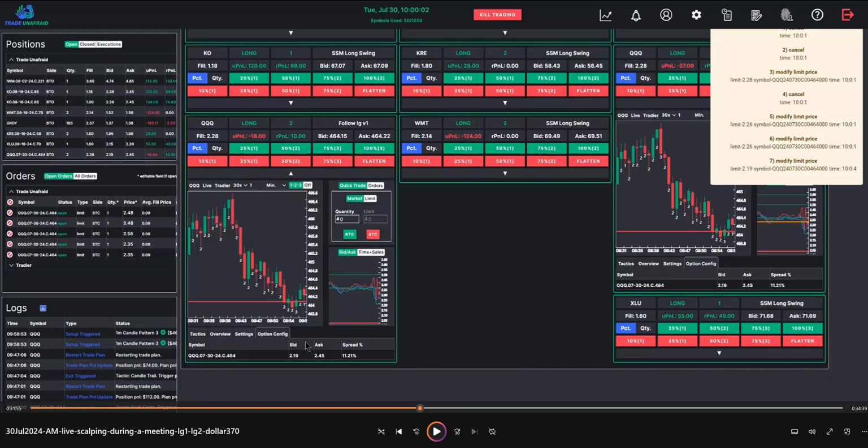We have a feature called work orders, which means that we'll try and get price improvement. We will try to get filled inside the spread. This is more to go into than I can explain here, but it will do that without jeopardizing your trade.